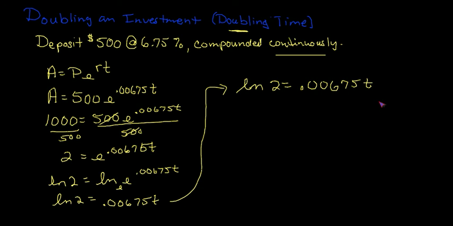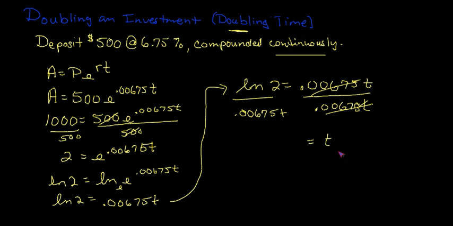I'm just going to divide. So again, very basic math. We're going to do that on both sides. So on this side, everything cancels except t, which is what we wanted because we're looking for the time it took to double.